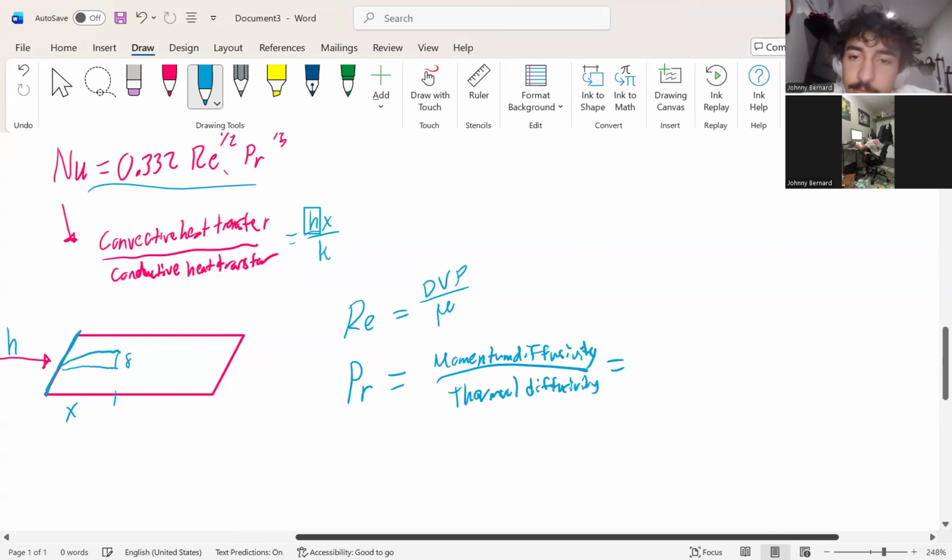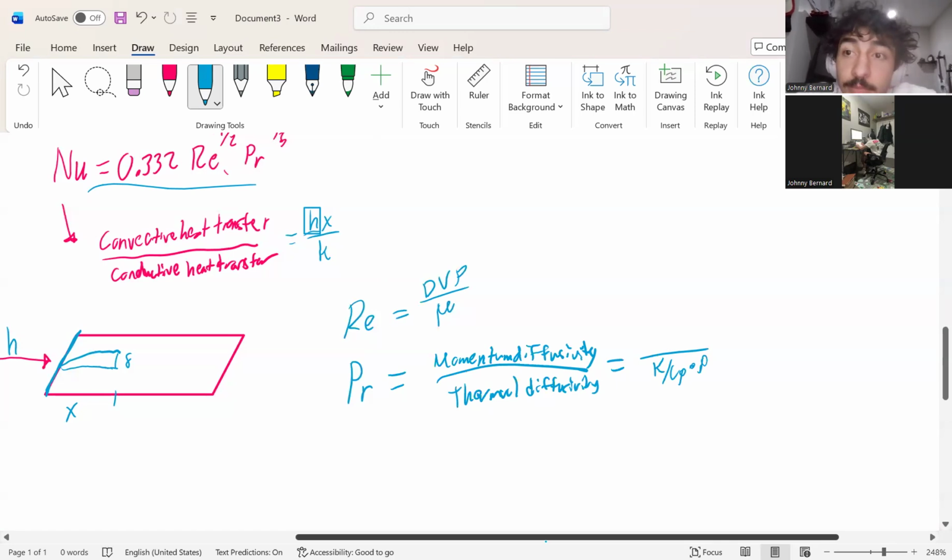And breaking this equation down, we've learned thermal diffusivity many times where we have k over the heat capacity times the density.